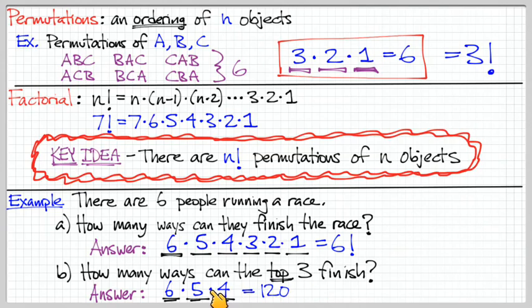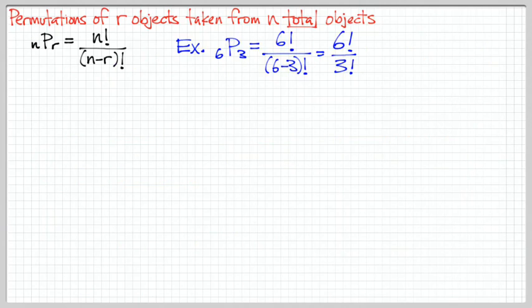So 6 times 5 times 4 can be written out as 6 permute 3. 6 total runners, and we're picking out the 3 top runners.